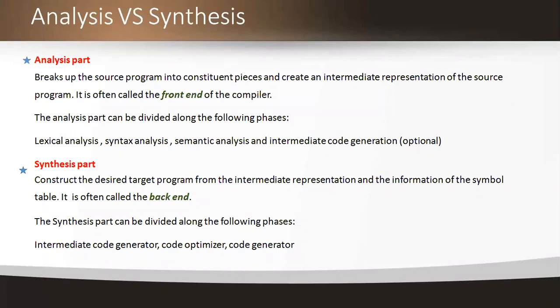Once see the slide, all of you, and make a note of this about analysis versus synthesis. Both are the parts of the compilers, not the phases. Parts of the compilers. Explain about the parts of the compilers, then you can go with these two parts, analysis and synthesis, and briefly describe analysis and briefly describe synthesis. Then it is completed. The topic about parts of compilers is completed.